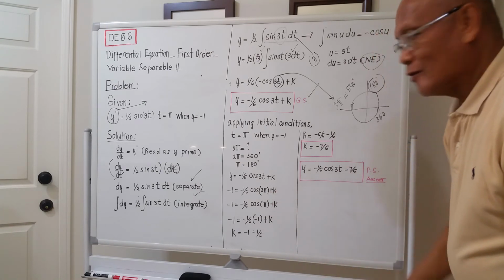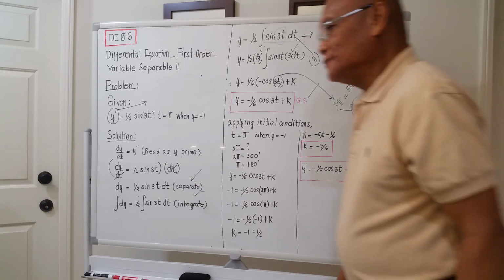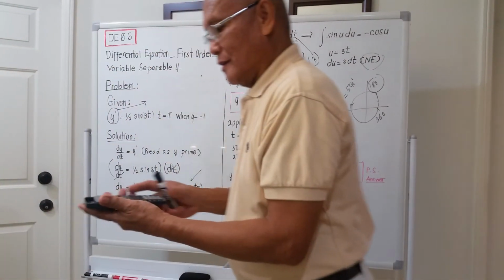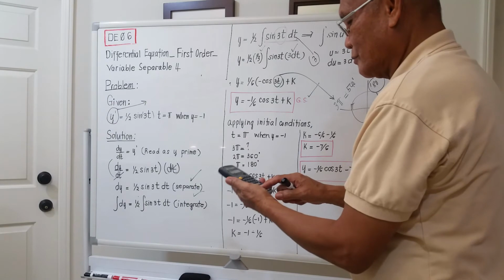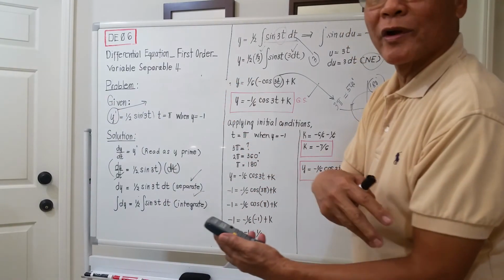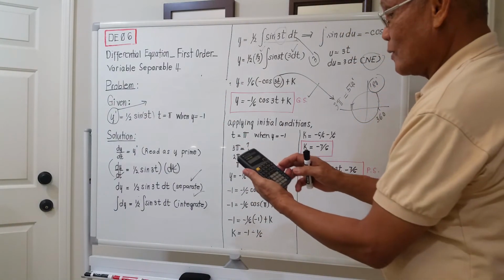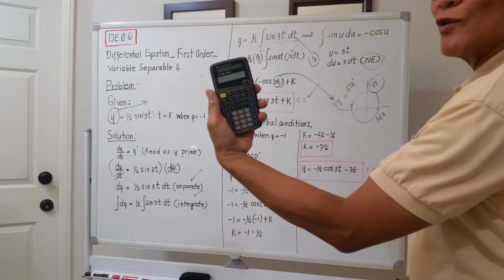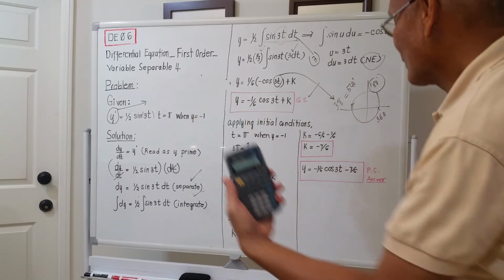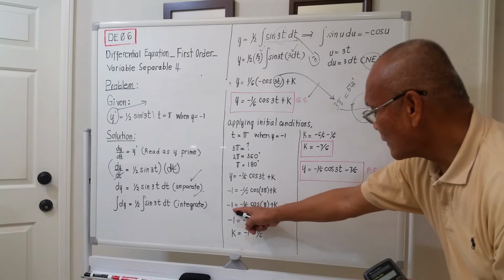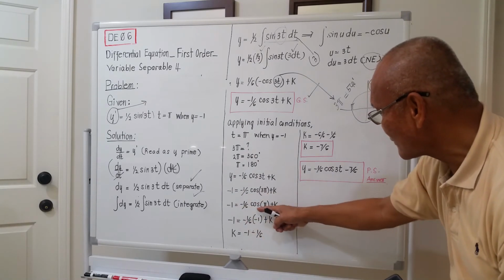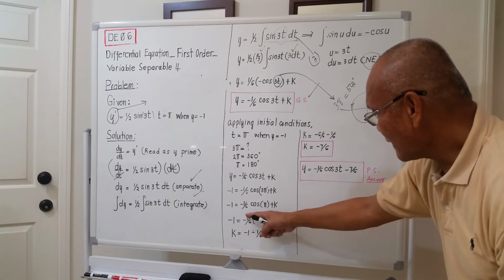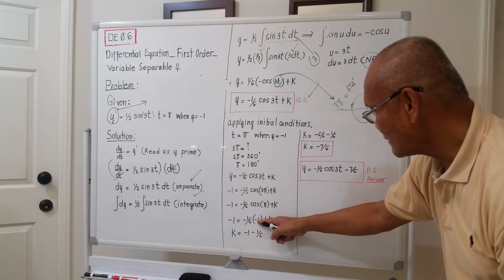And the cosine of 180 is actually negative 1. If you try to use your calculator, but don't worry guys, I memorized this one. So negative 1 equal to negative 1/6 times the cosine of 180, which is negative 1, plus k. Negative, negative, this will be positive.